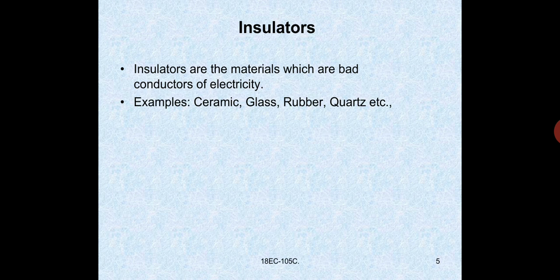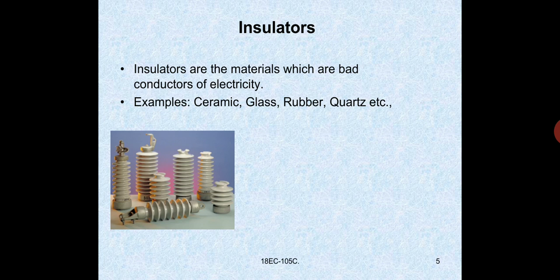Like ceramic, glass, rubber, quartz, etc. So these are insulators. They are actually the ceramic materials. They are normally used in transmission lines and some other electrical connections which are involving high voltages.